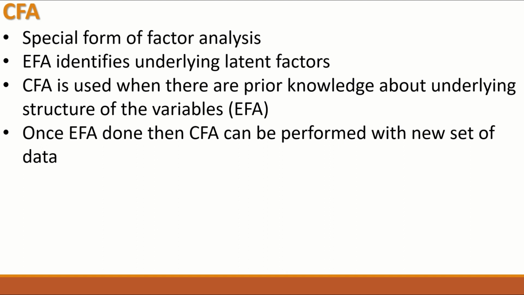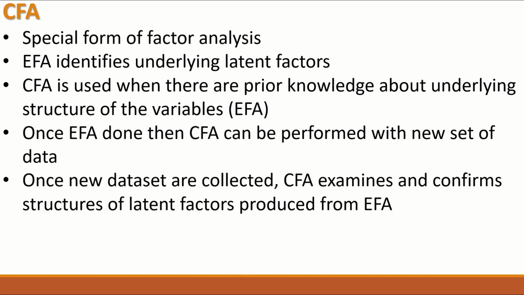So once EFA is done, then the CFA can be performed with a new set of data. Once this new set of data is collected, then the confirmatory factor analysis will examine and confirm the structure or structures of latent factors produced from the EFA.